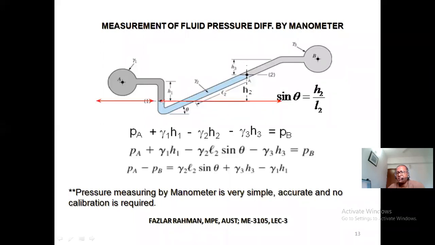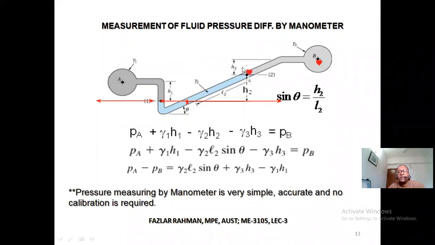You take right over here, you can easily figure out the pressure, right? At this point 1, your pressure will be PA plus H1 gamma. Then figure out the pressure at this point. How can you figure out? You see the vertical height between point B and point 2. How much?